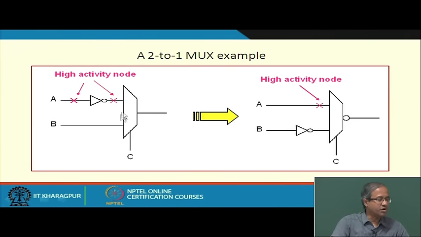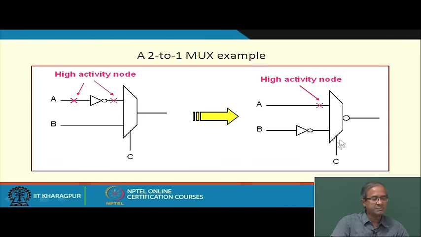Suppose I have a 2 to 1 multiplexer where there are two inputs A and B, A is inverted, and incidentally let us suppose A is a high activity node. So, the output of this NOT gate will also be high activity. So, what I do, I modify the circuit. I take out the inverter from here, I put the inverter on line B, and also I put an inverter on the output.